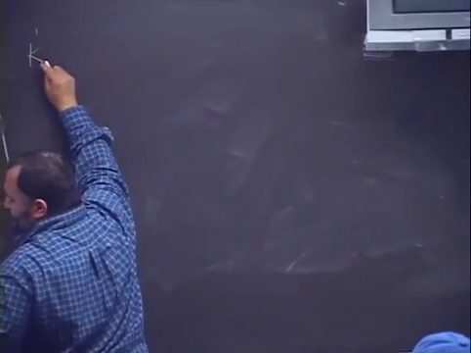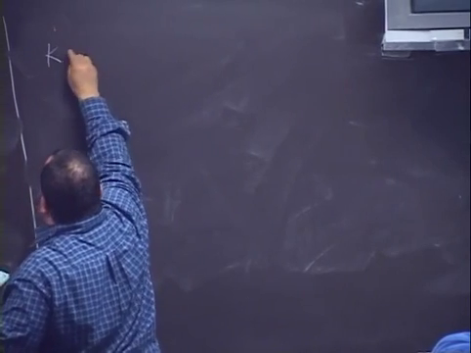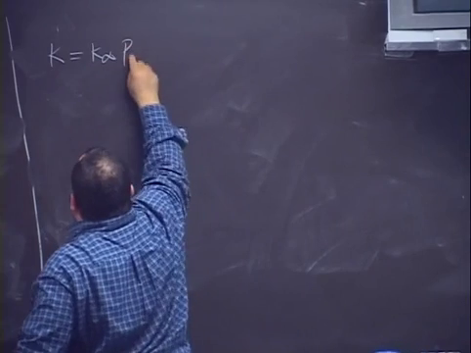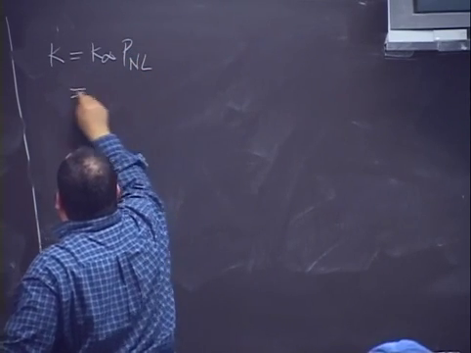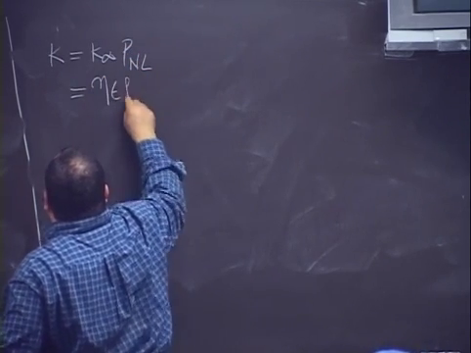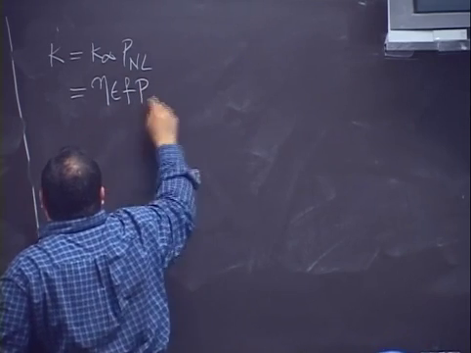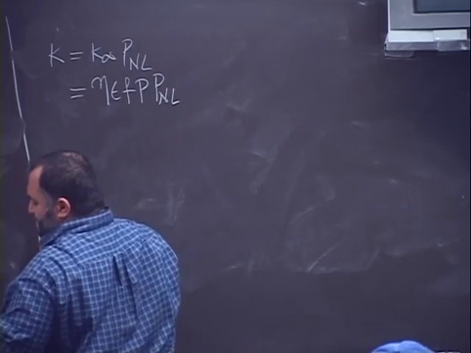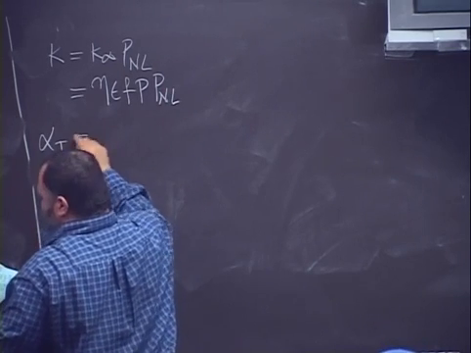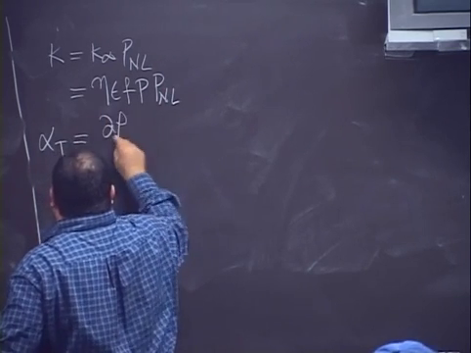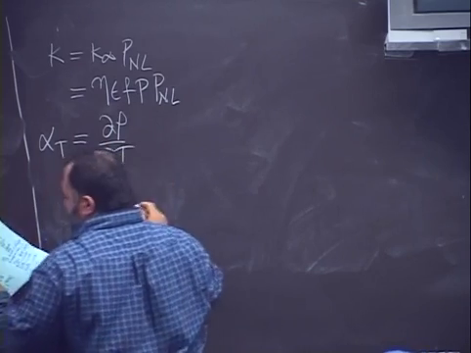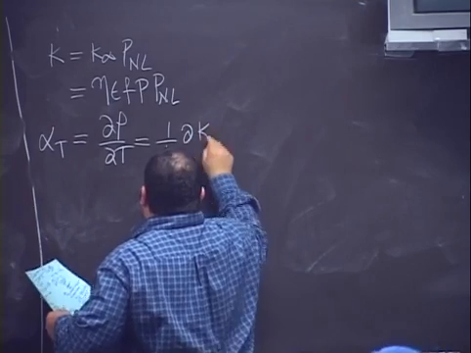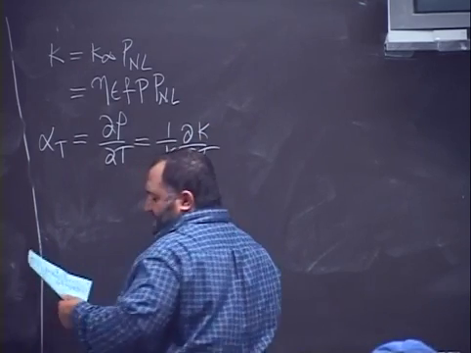What's K effective? It's K infinity multiplied by the non-leakage probability, and this is just eta epsilon f, resonance escape p, and the non-leakage probability. But if I have alpha T, it's just equal to d rho by dt, which is just equal to 1 over K dK by dt.